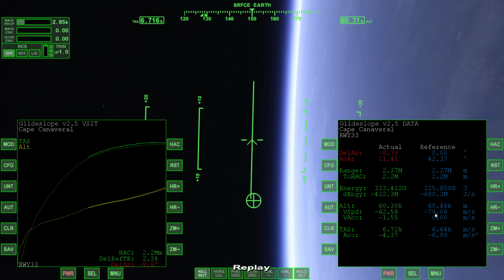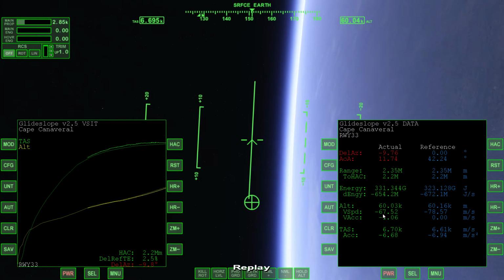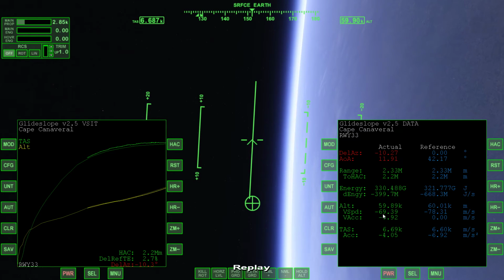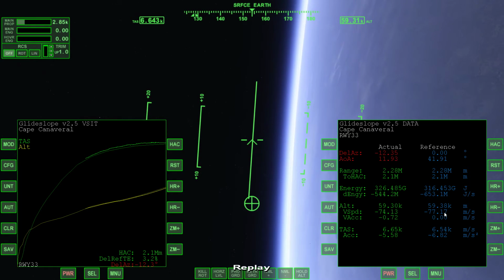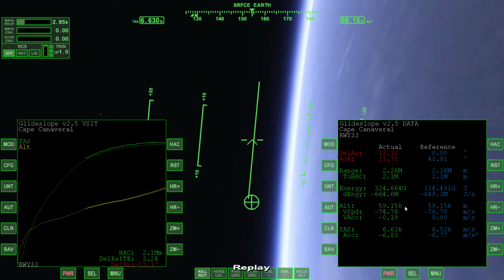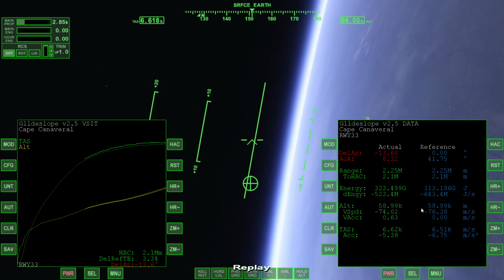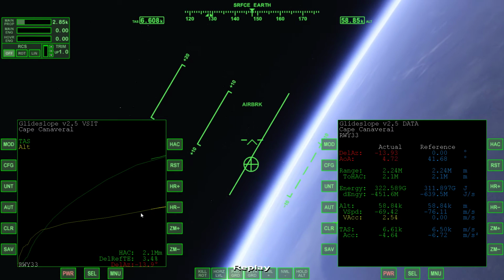See, my vertical speed is supposed to be -79, so I rolled to the right, and that increased our rate of descent. So I'm trying to keep my vertical speed matched up to where it should be according to the reference. If I can do that, then that will ensure that we maintain the proper altitude throughout the descent.